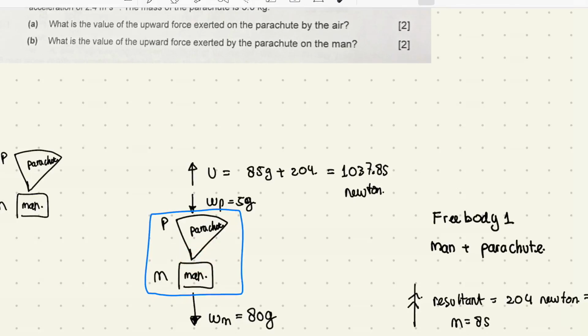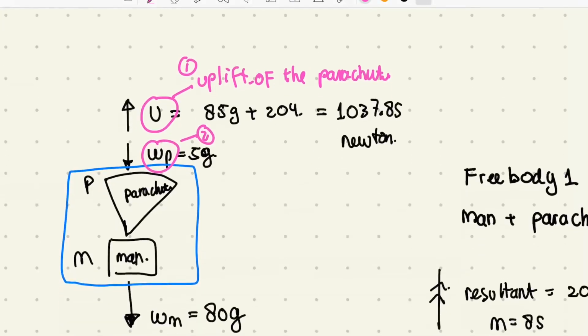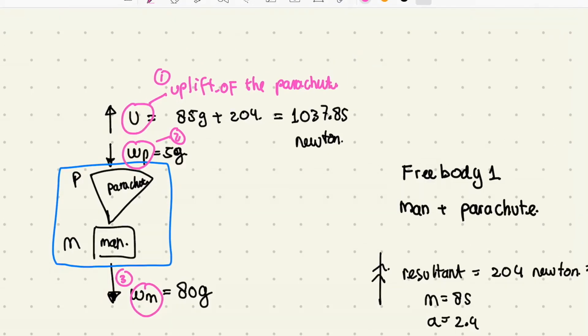So you have three forces. Number one is the uplift of the parachute. Number two is the weight of the parachute. Number three is weight of the man. So we have three forces: uplift pointing up, weight of parachute pointing down, weight of man is also pointing down. Very simple.